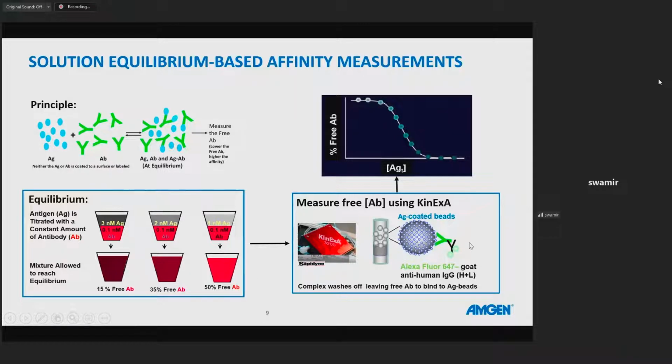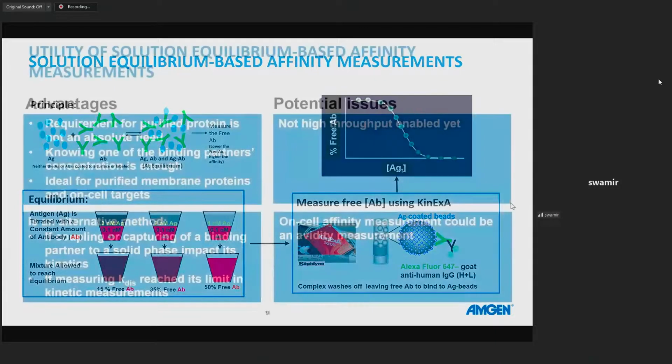Then with a labeled secondary antibody, we can generate a binding curve based on the antigen concentration we have and the free amount of antibody present. And this binding curve will give the KD of the reaction. So this way we could use KinExA and measure the affinity.